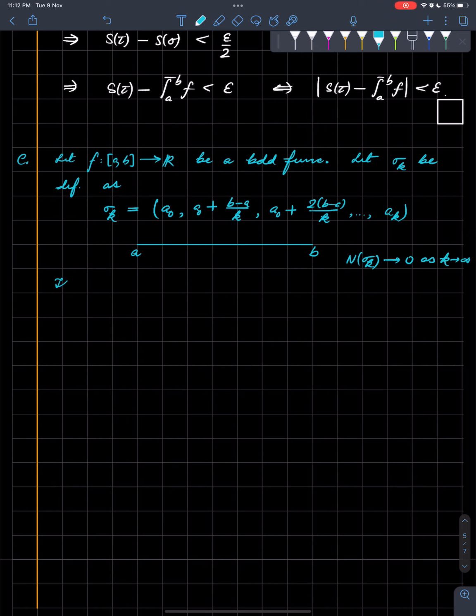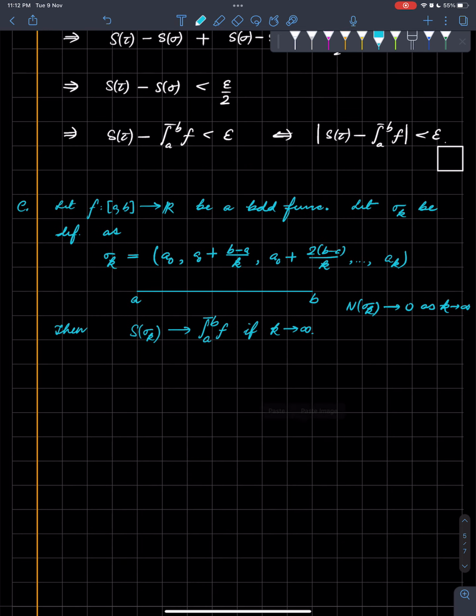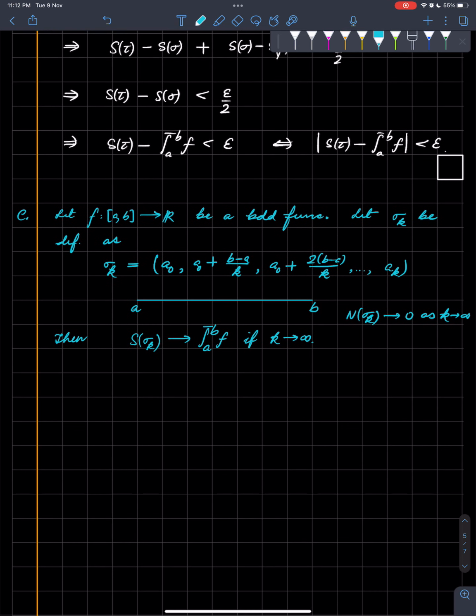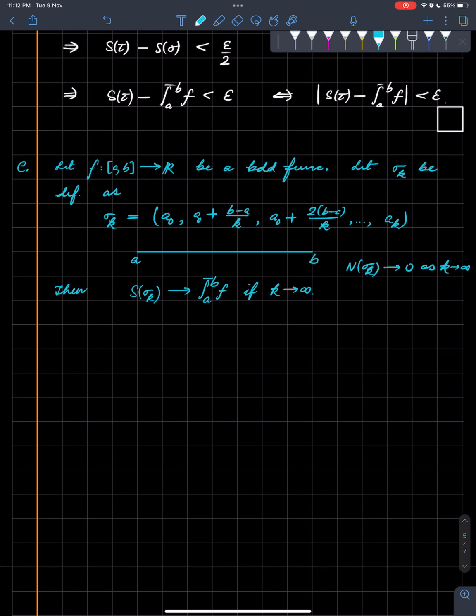So the conclusion is that S sigma k converges to the upper integral as k goes to infinity. This is immediate from Darboux's theorem. So this is the reason.